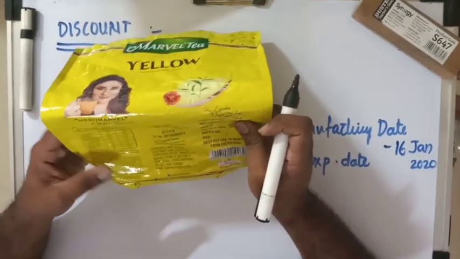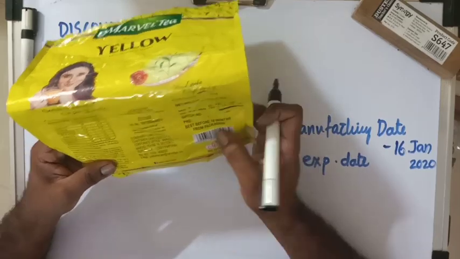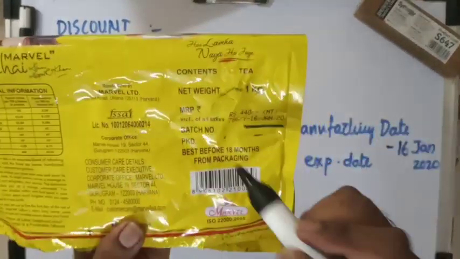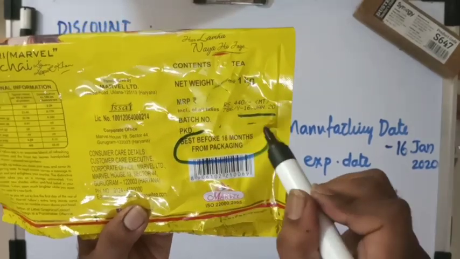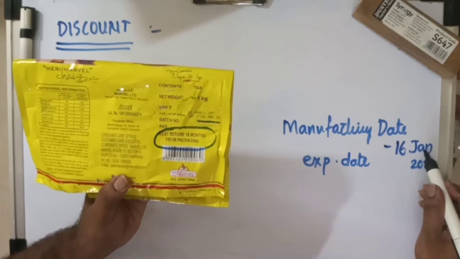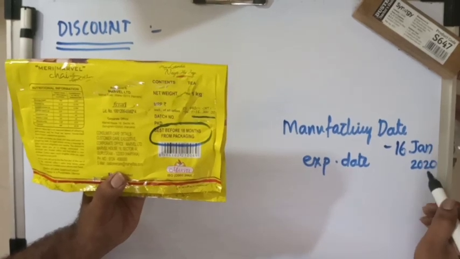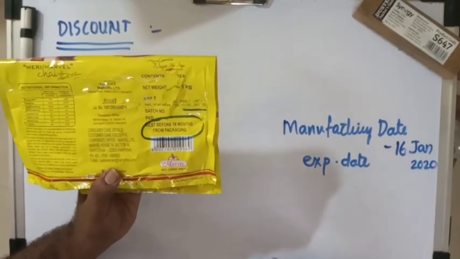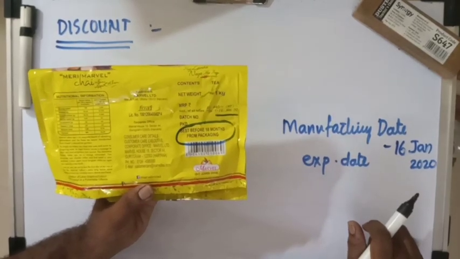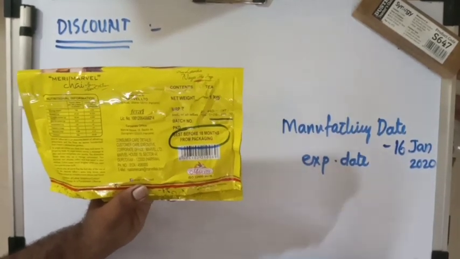Okay, now we'll be looking at the expiry date. They would have written the expiry date here. See, this is the expiry date. What is written? The product is best before 18 months. That means from January 2020, for the next 18 months you can use this product, or else you cannot use it.